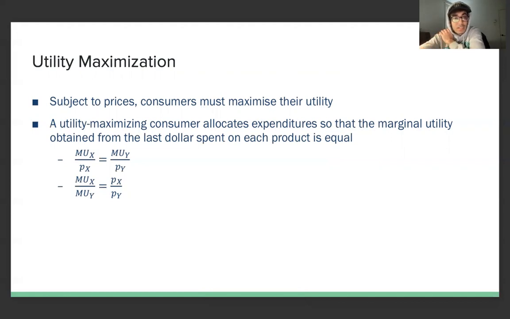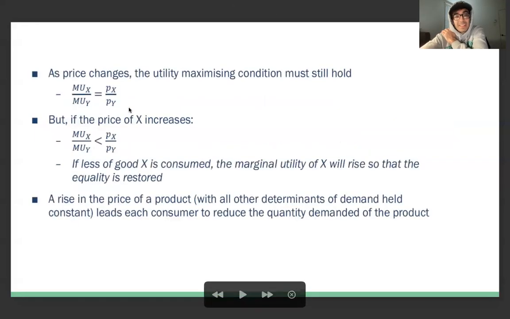And the reason for that is as follows. Let's say there's a situation where these ratios are not equal. Just take this Px to the bottom here and take this MUy to the top here.